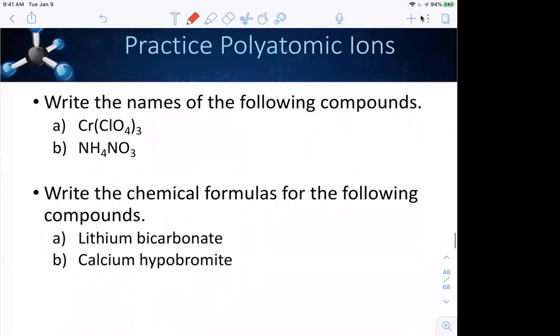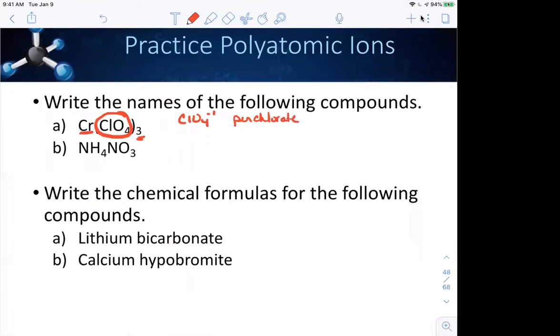So let's practice. Write the names of the following compounds. Well, chromium is a transition metal. That's a variable charge. So I need to figure out what this ion is and what the charge is. We just talked about that. ClO4 -1 is perchlorate.